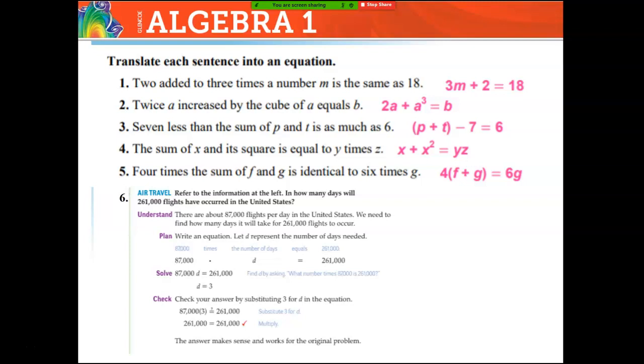Your planning should have said that 87,000 times D equals 261,000. When you solved, you got D equals 3. And to check it, you plugged it back in. 87,000 times 3 equals 261,000.